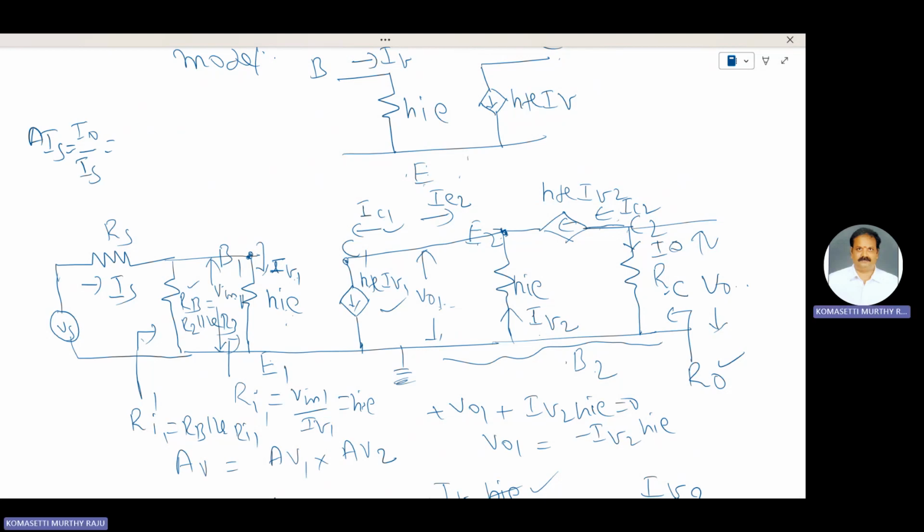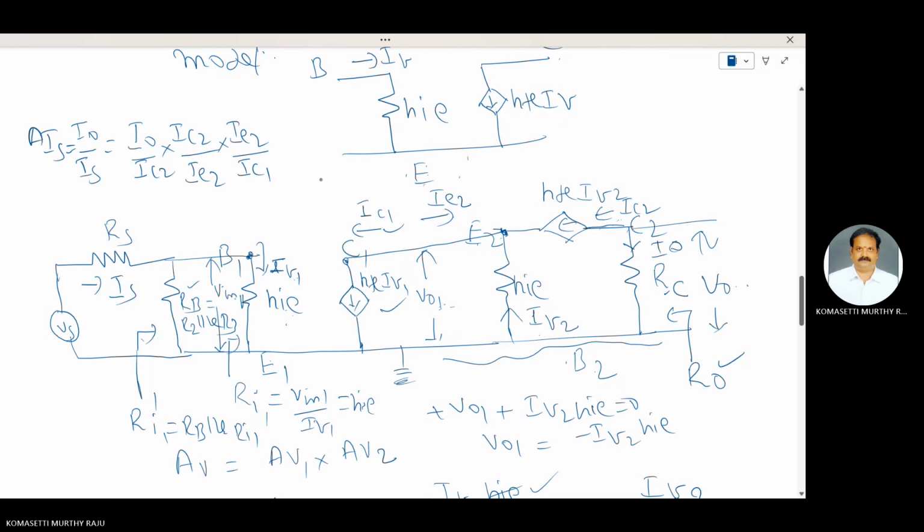For this current, the next current is IC2. Then the next current is IE2; numerator and denominator are multiplied with IE2.